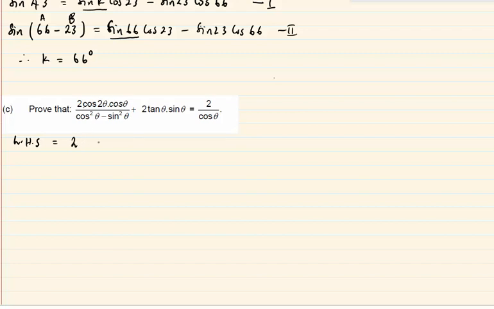Again, this identity for cos 2 theta is given to you in your formula sheet, and so it's going to be equal to cos squared theta minus sine squared theta multiplied by cos theta. Well, on second thought, it looks like it's easier to actually just substitute this into the double angle formula that I'm making use of here.